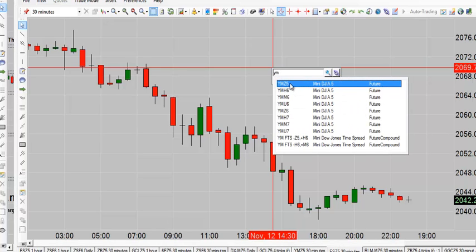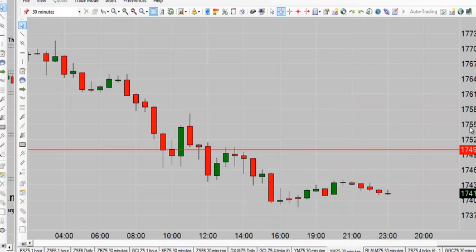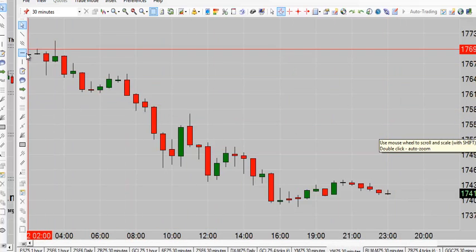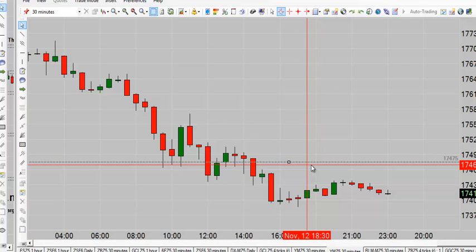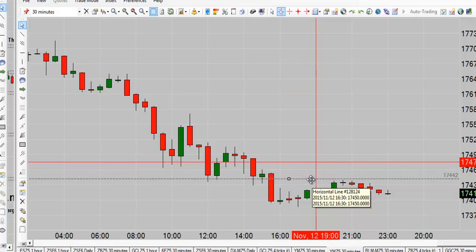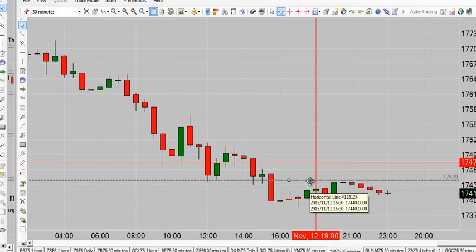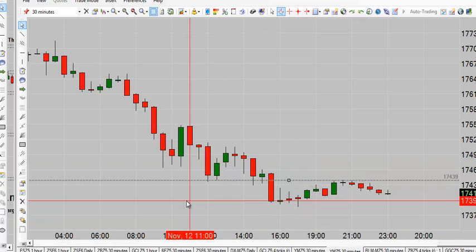Let's make this a Dow chart. And let's drop a horizontal line at 17,440. We got to drop it that one tick to 39.